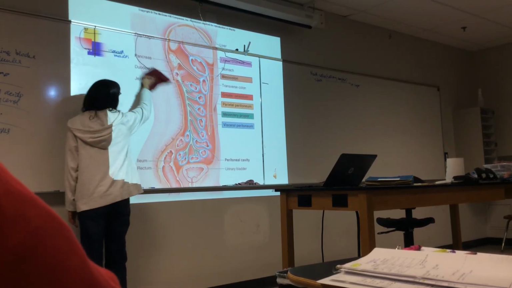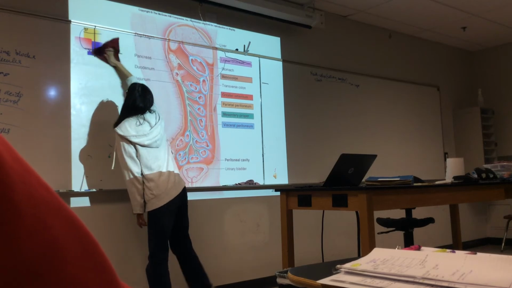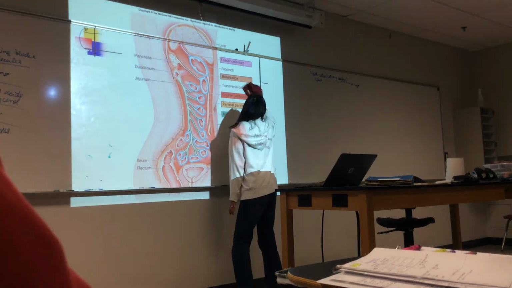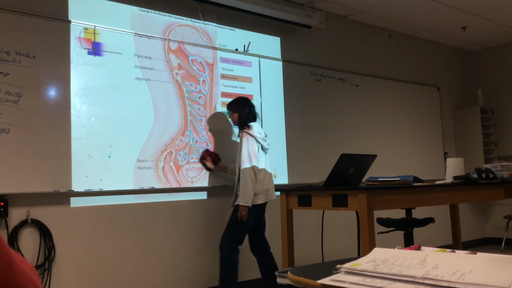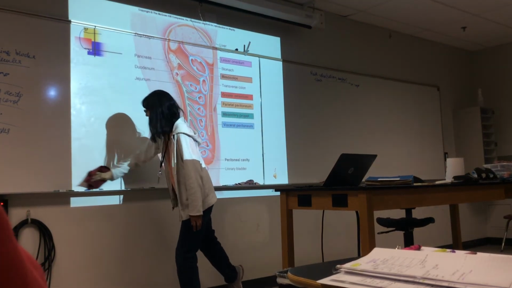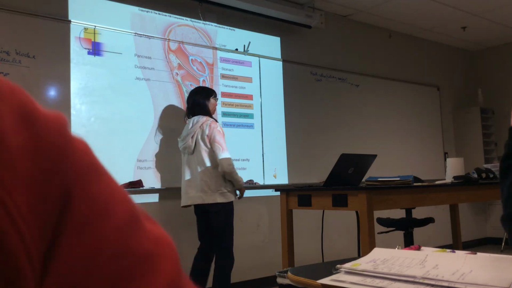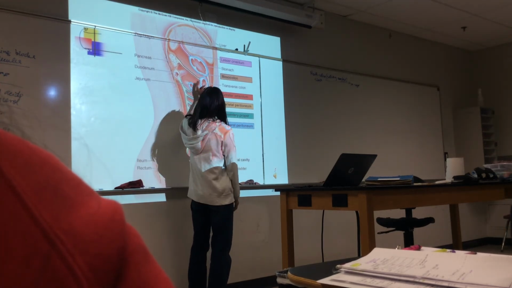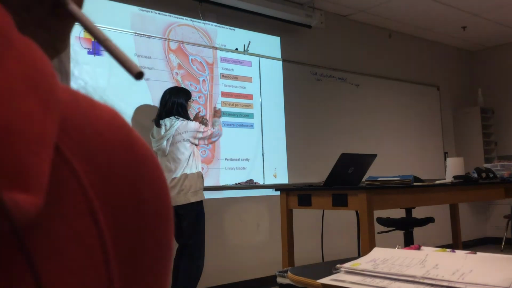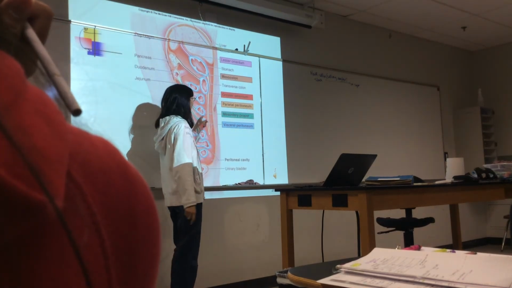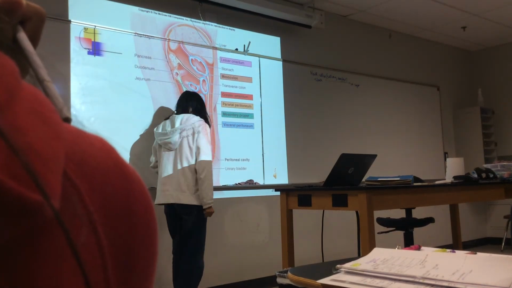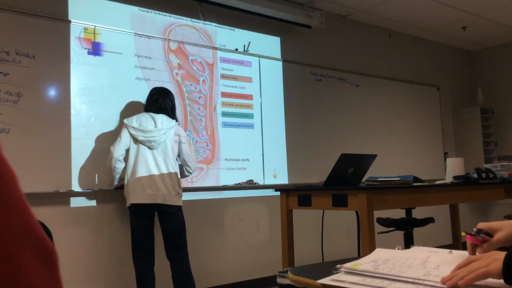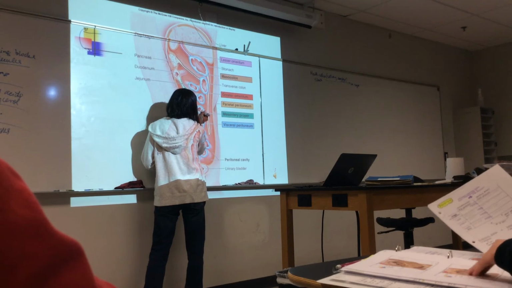So here is a side view of my abdominal cavity. So the small loops are what? What do you guys think? Small intestine, yeah? Okay, so this would be small intestine. So I'll say SI for small intestine.